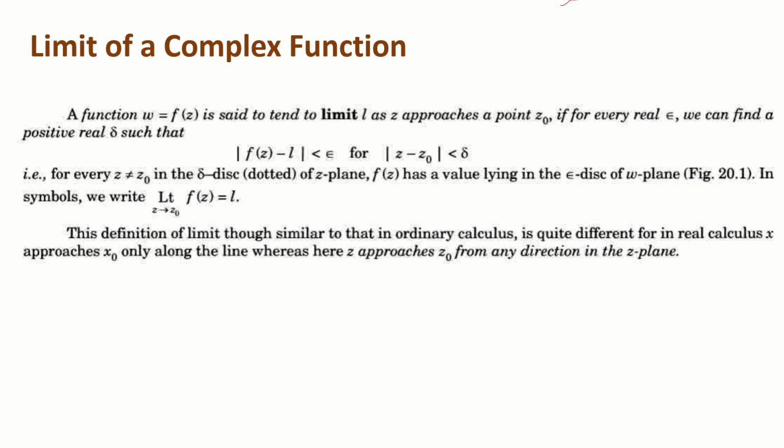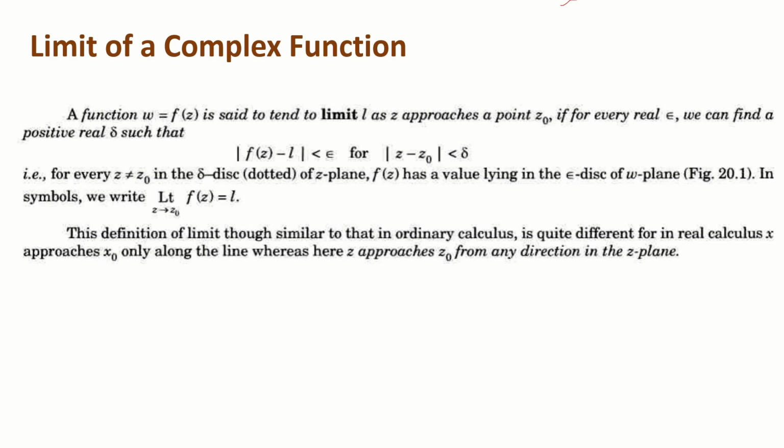When I talk about a limit of a real function, I would have only two ways of approaching a point, either from the left hand side or the right hand side. But for a complex function, there would be an infinite number of ways of approaching a certain point. So I would have to check all the possible ways of approaching a point, and check whether the limit exists and is the same for all of them.